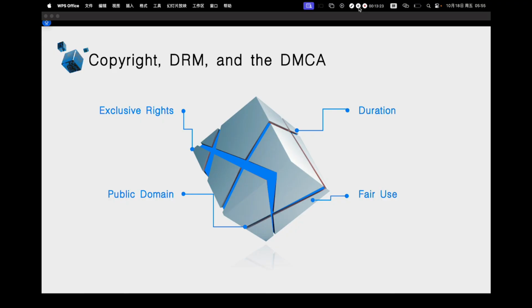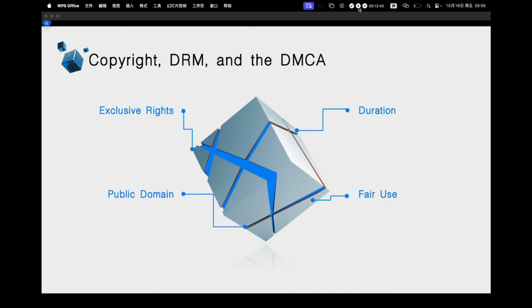This means anyone can use, copy, distribute, or adapt the work without permission from the original creator. For example, for a copyright lasting 70 years, after the 70 years the work would enter the public domain. So it means that everybody can use it however they want.